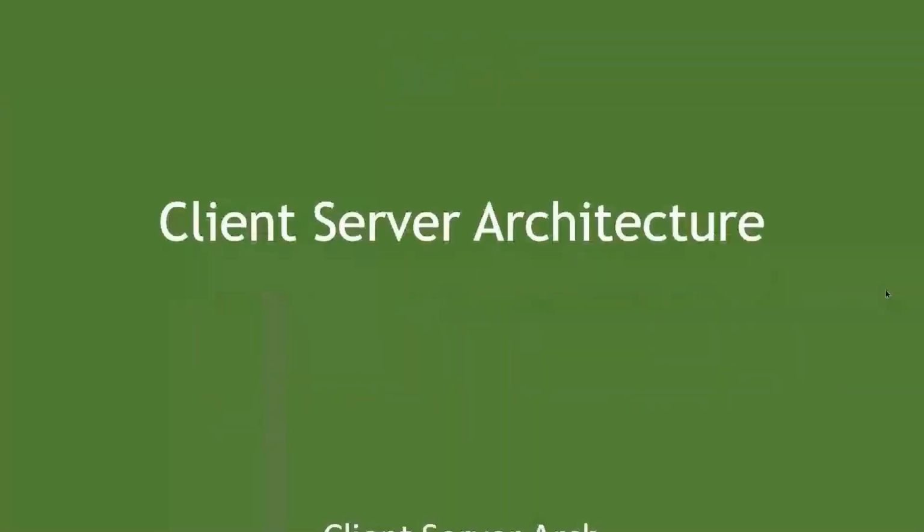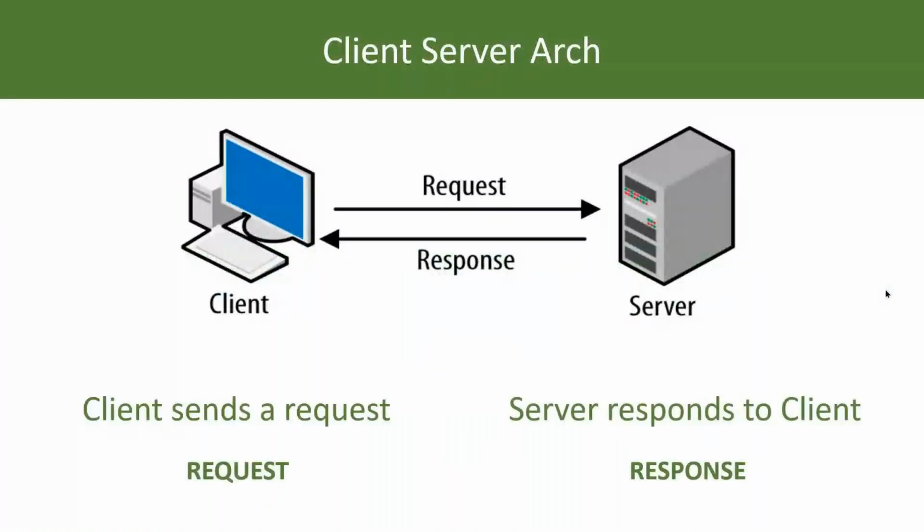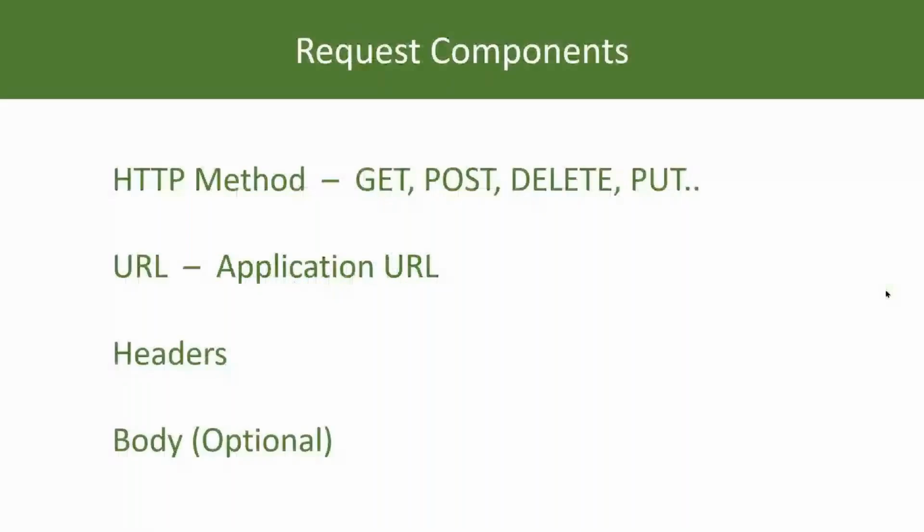That is all, right? And then we have discussed the client server architecture, where a client is sending a request and the server responds to the client. Whatever the client sends is called a request, and then the server responds. Of course we discussed the request components and the response components. These are the four components of a request: method, URL, headers, and body. Body is optional.